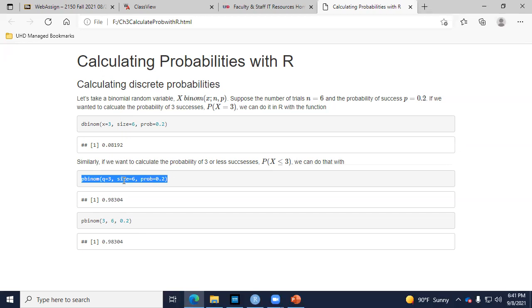The recommended way is to write it like this. So this q corresponds to this, and this small x equal to 3 is this.